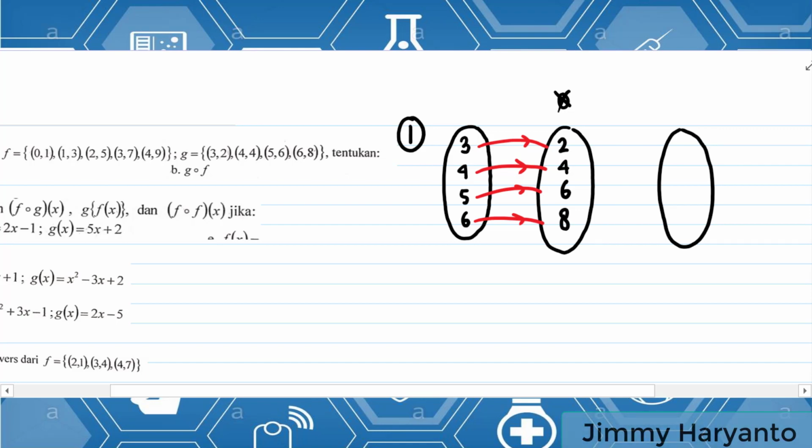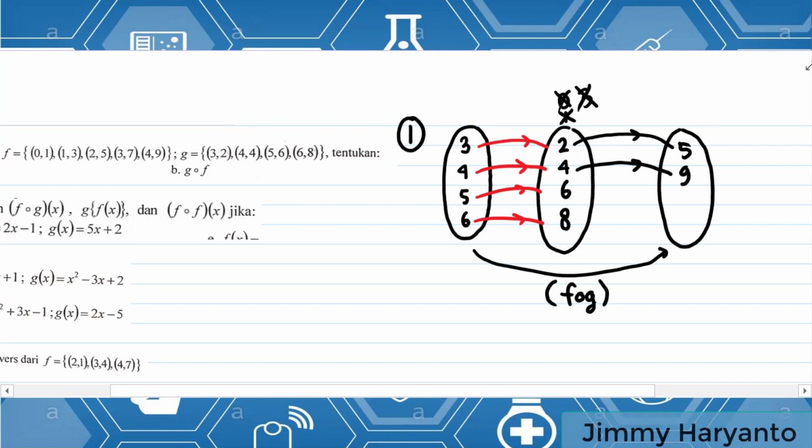And then 1 goes to 3, we don't have 1 either, and then 2 goes to 5, we can do this. 2 goes to 5, and then 3, we don't have 3, we skip it, and then 4 goes to 9. So we have FOG right there.